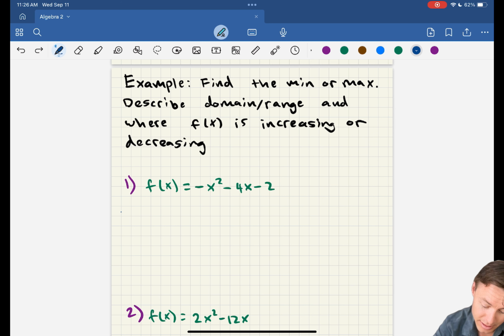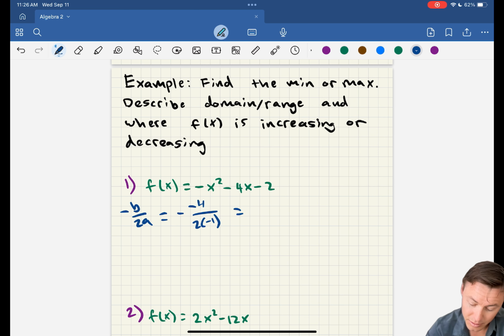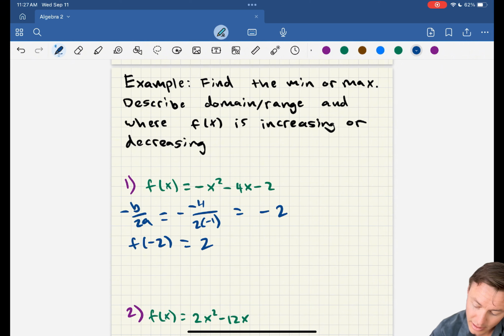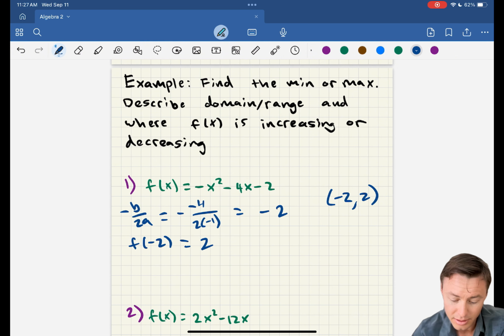And remember, we just do negative b over 2a, which in this case would be negative 4 over 2 times negative 1, which would be negative 2. So that's our x value of our vertex. To find the y value, we just plug that back into the function. F of negative 2 would be negative 4 plus 8, which is 4, minus 2, which is 2. So our maximum value here is (negative 2, 2).